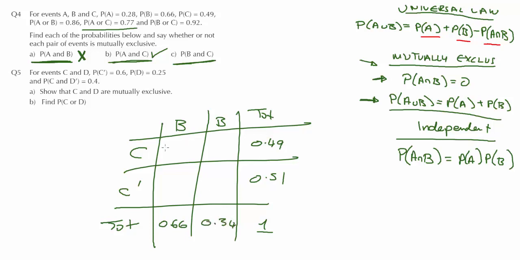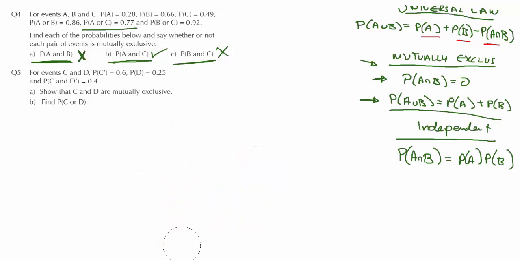B or C, so any one of those, add up to 0.92, so this makes it 0.08. Take away from that, it's 0.43. Well, that's not going to equal 0, is it? Not 0, so that one isn't either. Does that make sense? Theoretically I should find the number in that cell, but as long as I see it's not 0, that's enough.